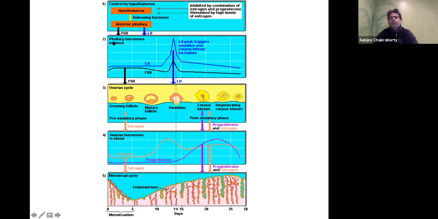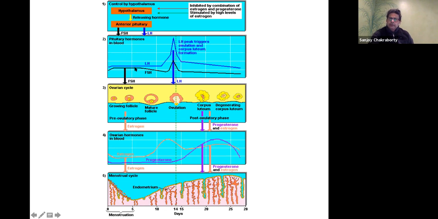So the pituitary hormones are coming into the blood. The anterior pituitary releases FSH, because the hypothalamus controls the anterior pituitary. FSH is coming here, the follicle is growing. When the follicle is growing, it secretes a lot of estrogen. It's all related.